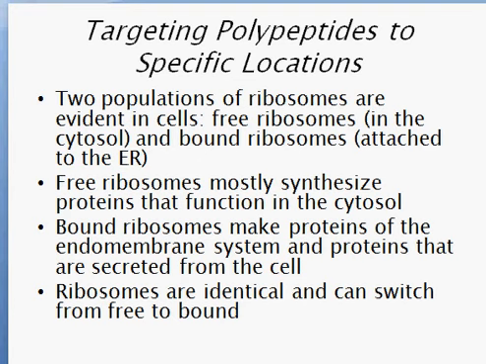And once that occurs, if there is a need for that new polypeptide chain to be processed within the ER, then that free ribosome will go over and attach itself and become a bound ribosome in that rough ER.